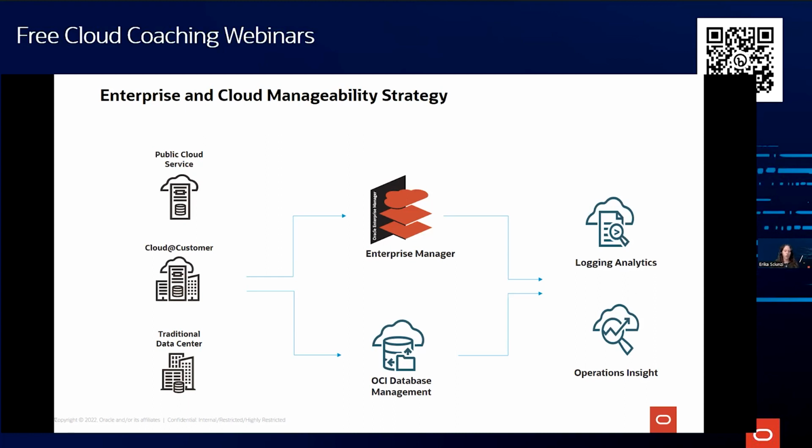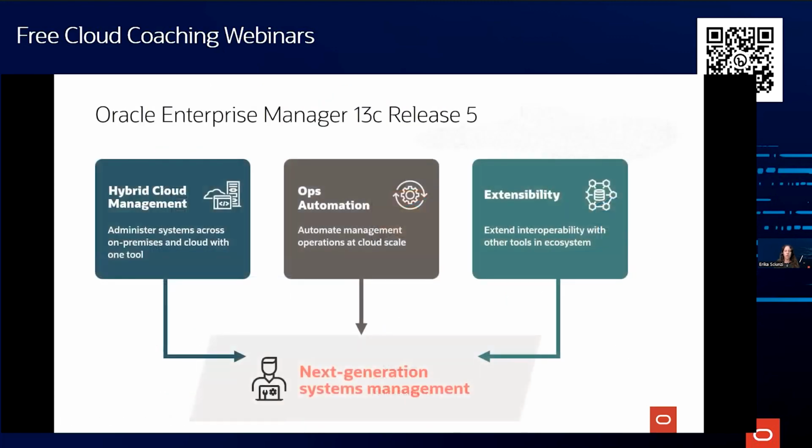In terms of observability, like Logging Analytics and Operations Insights, you can strengthen both with that. I'm mentioning it in case you see it in the demo and wonder what that is. It's an option you have because Oracle offers you the maximum choice.